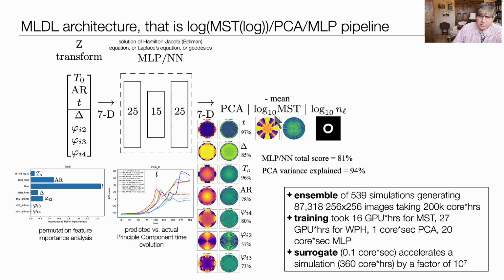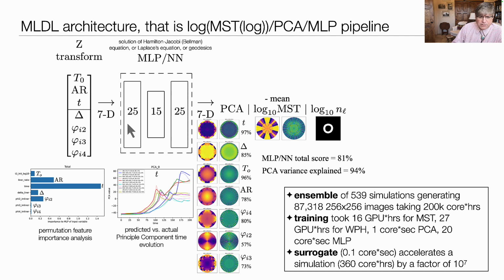We then take the logarithm of that. Then we take a principal component of it, and then we subject that to one of the multi-layer perceptrons in this encoder-decoder geometry to go back and get what the initial conditions are, right?